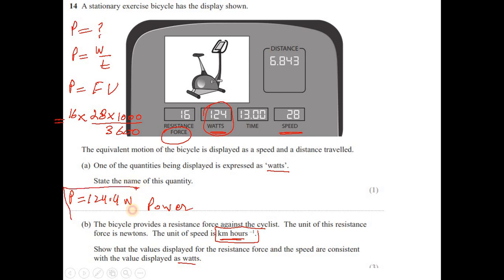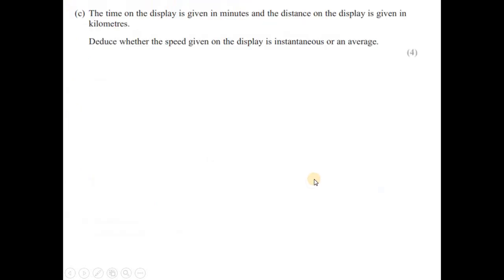That's how we can say that yes, the given display of force and speed is consistent with the power shown on the display.